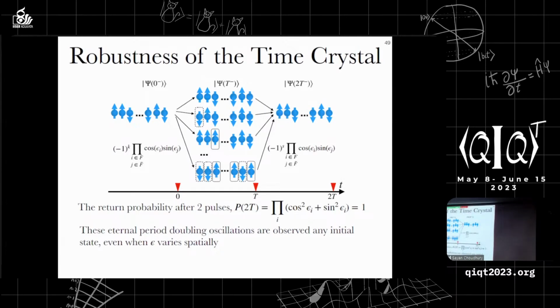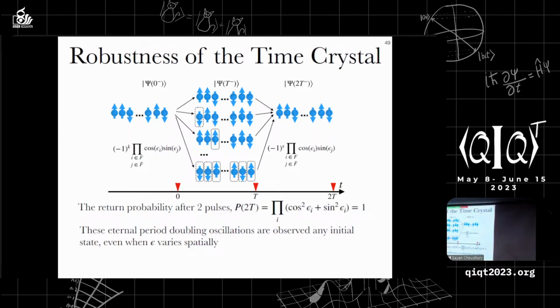While this is true for any epsilon, this is for that specific value of Jt being equal to pi. What I am not going into here is that if we move a little away from pi, you will still be able to see these oscillations go on till a particular time, and it will not be exact recovery, but this is an exactly solvable point where you will see this recovery happening for any epsilon.